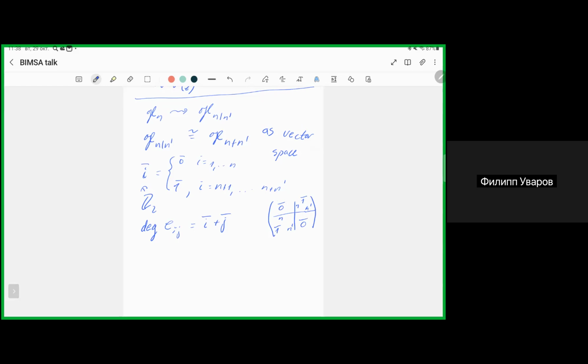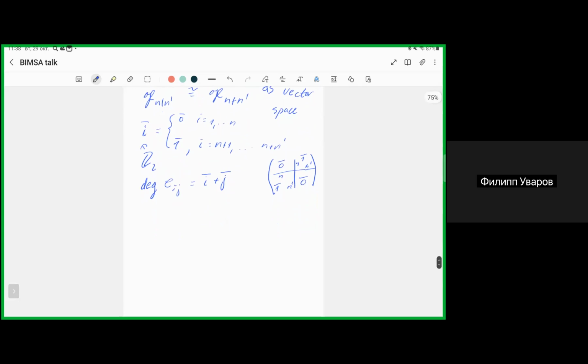Okay, and so then I call elements of GL(n|n') homogeneous if they are linear combinations of E_ij with the same degree.